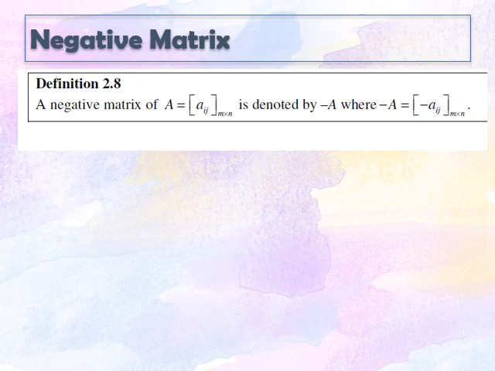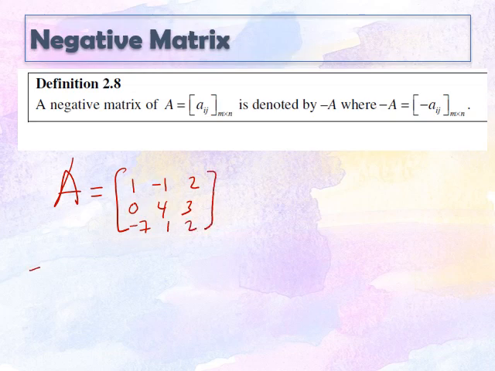So what is a negative matrix? A negative matrix of A of order m by n is denoted by negative A, where we put a negative sign on each value of the matrix. For example, A is equal to 1, negative 1, 2, 0, 4, 3, negative 7, 1, 2.